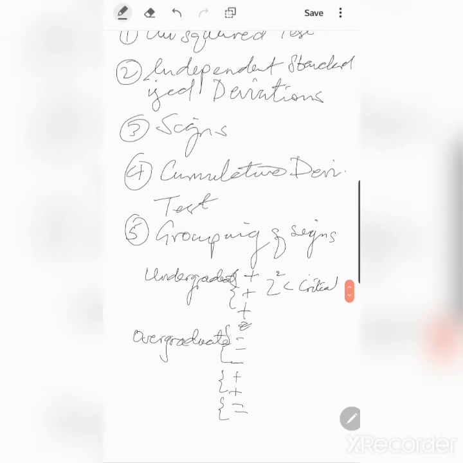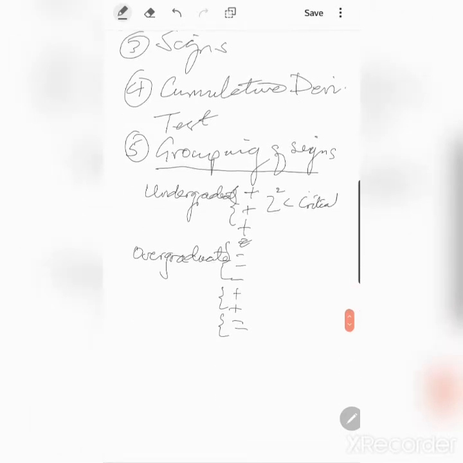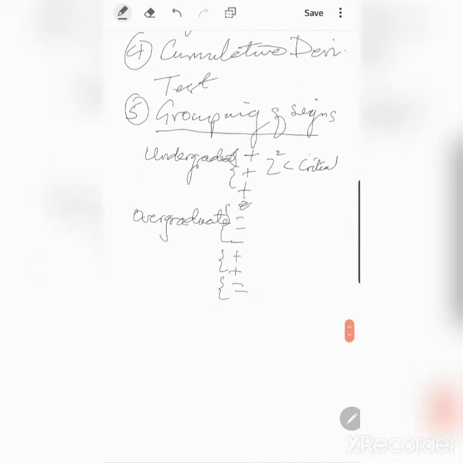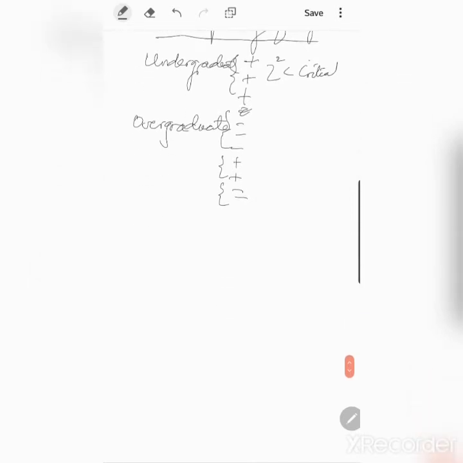Identifying that kind of pattern in the data can be executed with the grouping of signs test. For this test, we have to check how many positive signs there are in the data, and how many negative signs there are in the data.